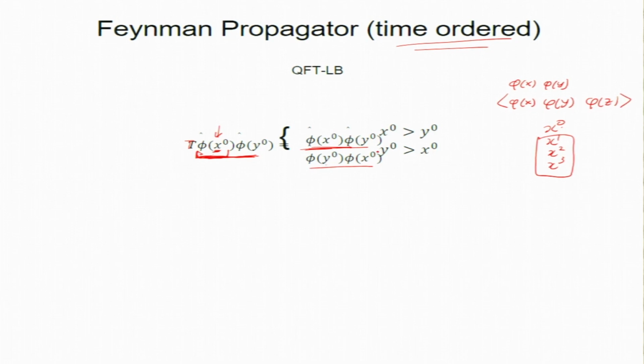Basically, when you operate, the first state acts on this, then acts on that, acts here first, then second. I want the second time to be later than the first. So, that is called time ordered. Okay, so that is what is written here.